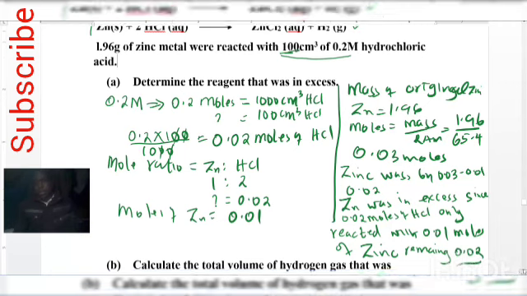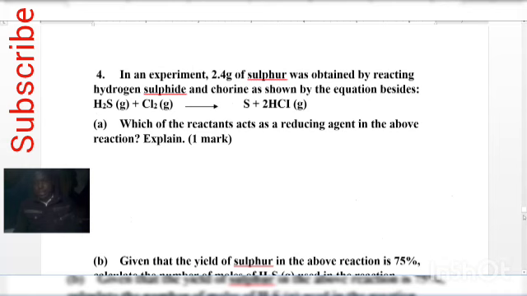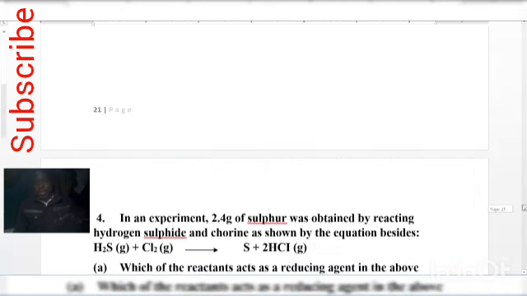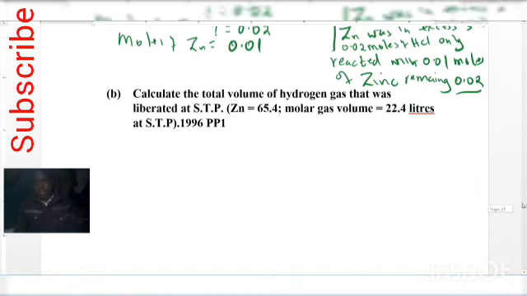Now you have proved that zinc was in excess. You have shown that zinc was in excess.